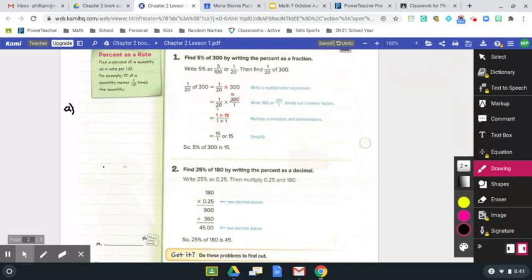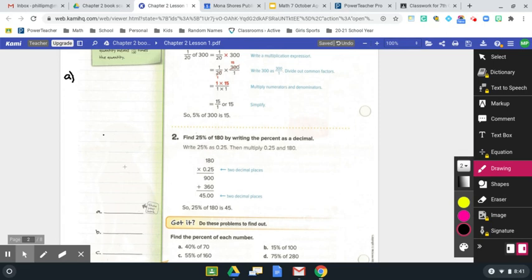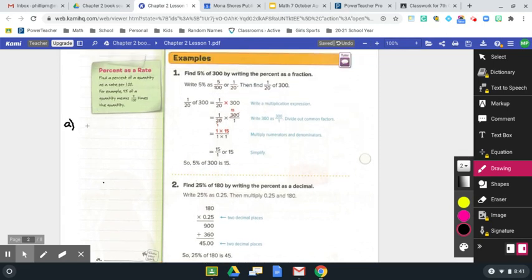We're going to find 40% of 70. So we know if we set it up as a fraction, we're going to do 40% out of 100%. 40 out of 100 times 70. So we're going to work this one out first.